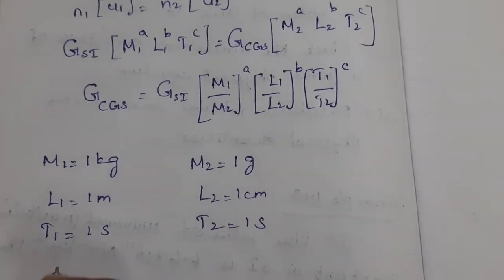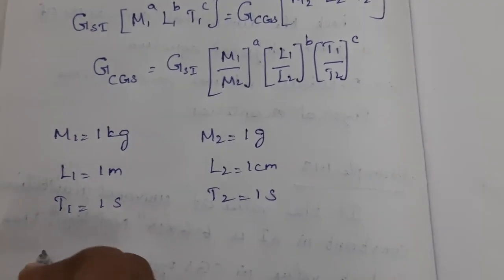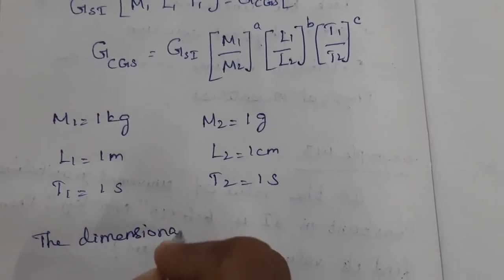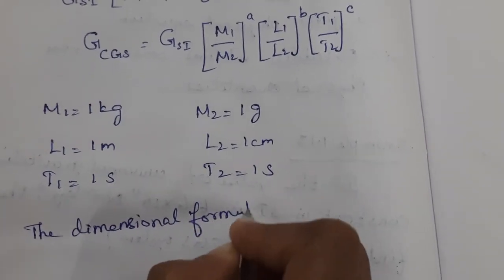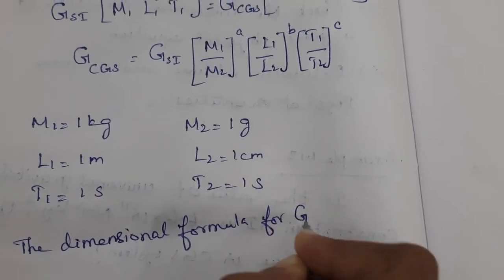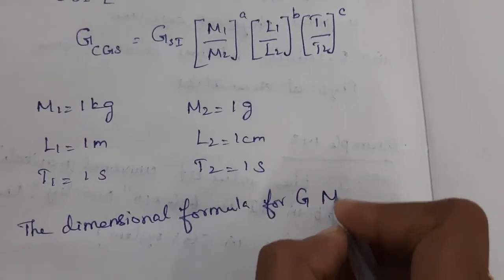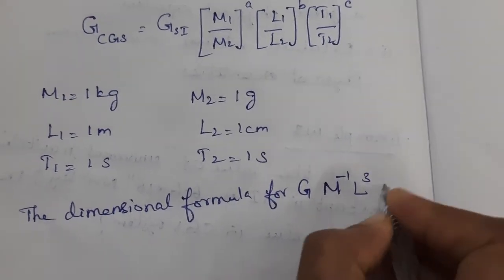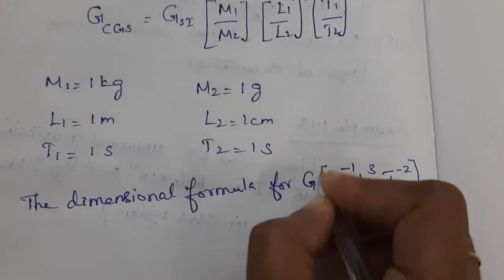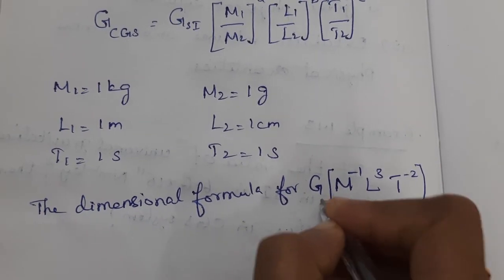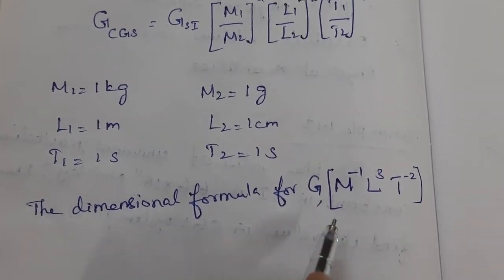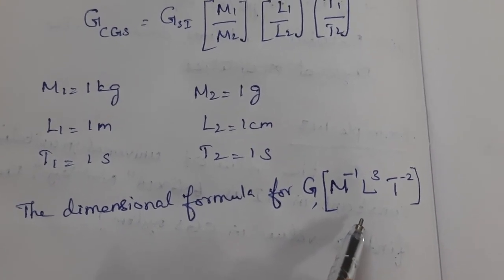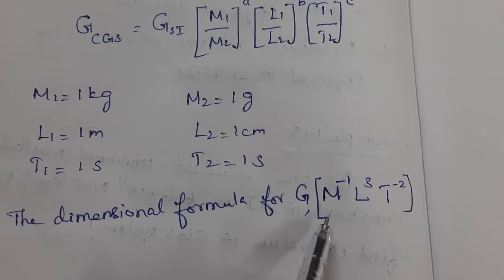Now, the dimensional formula for gravitational constant. What is the dimensional formula? The dimensional formula for G is M power minus 1 L cube T raised to minus 2. This we have already seen in the derived quantities table.